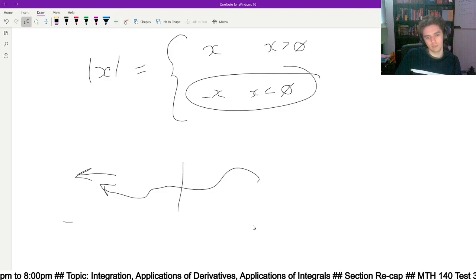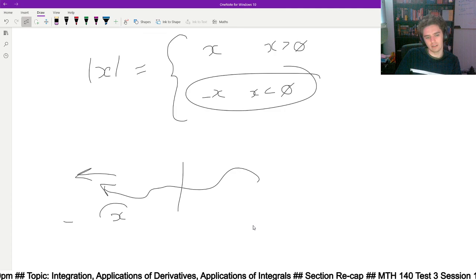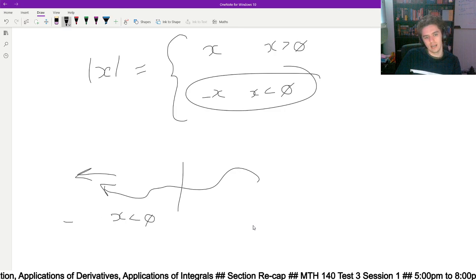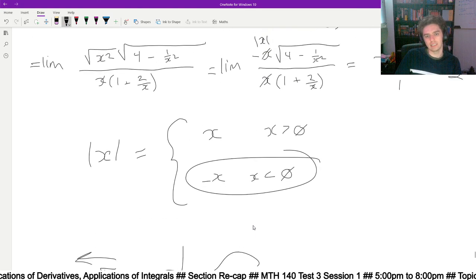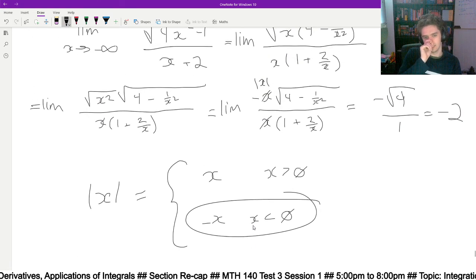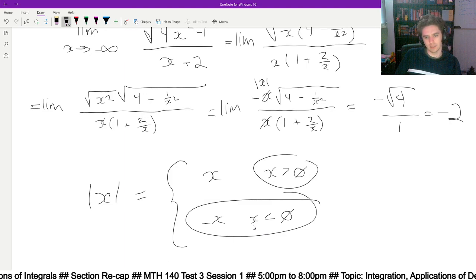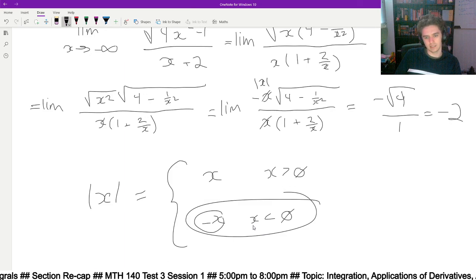So 100%, the x value is going to be negative, less than 0. And the absolute value of x is a piecewise function defined like this: it's equal to positive x if x is positive, and it's equal to negative x if x is negative.